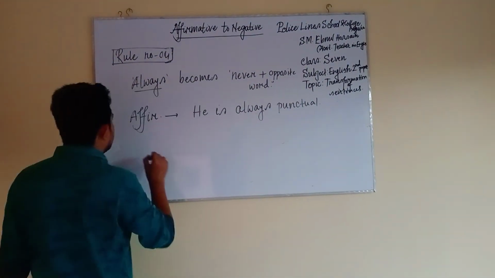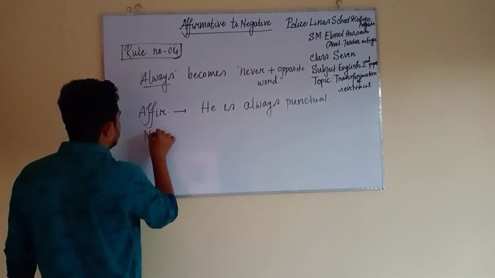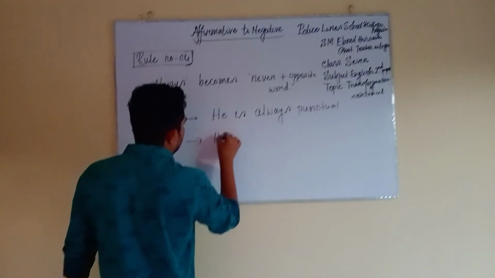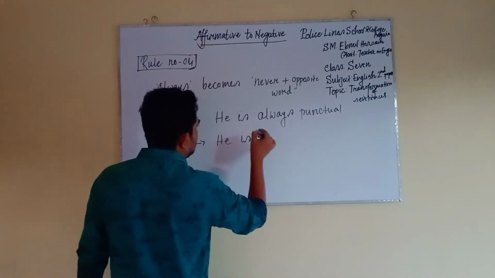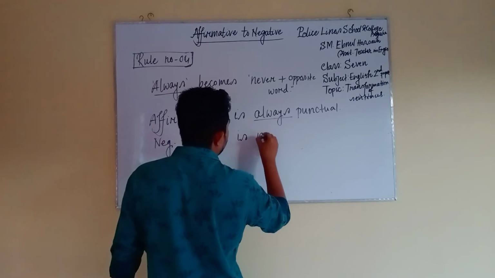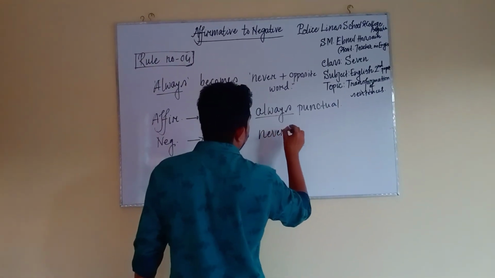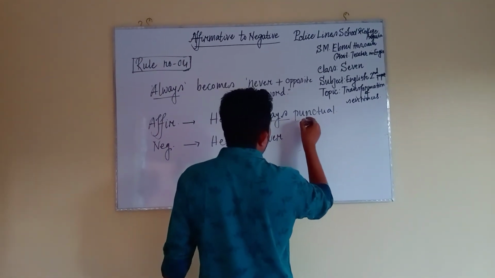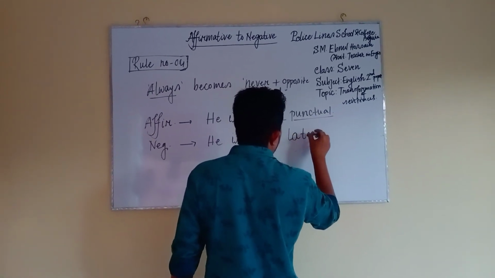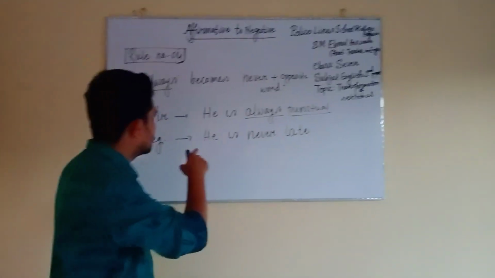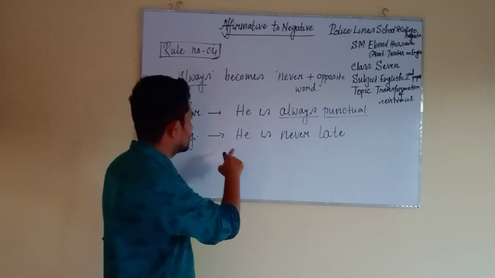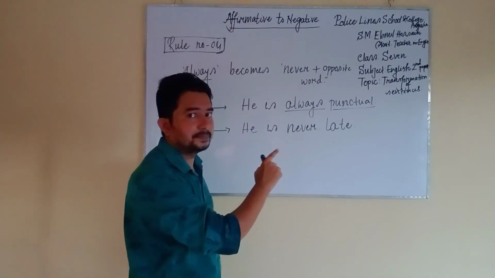So we can change this affirmative sentence into negative one. Negative sentence. He is, instead of always, so we can use never. He is never. The opposite of the word punctual is late. So here notice that he is always punctual. The negative of this affirmative sentence is he is never late.